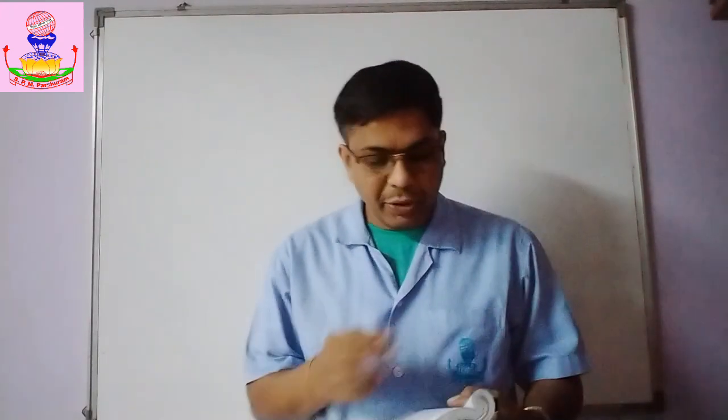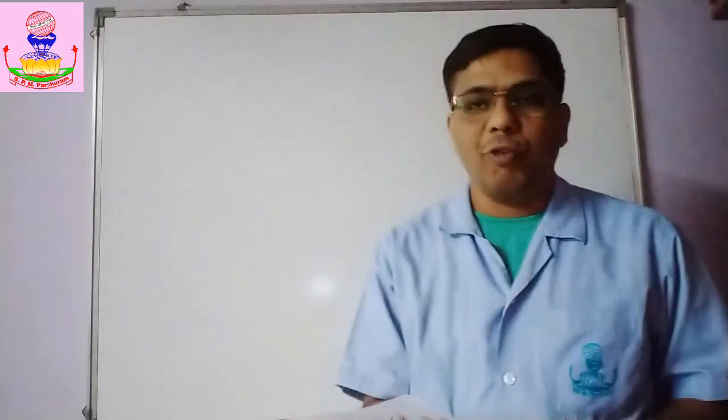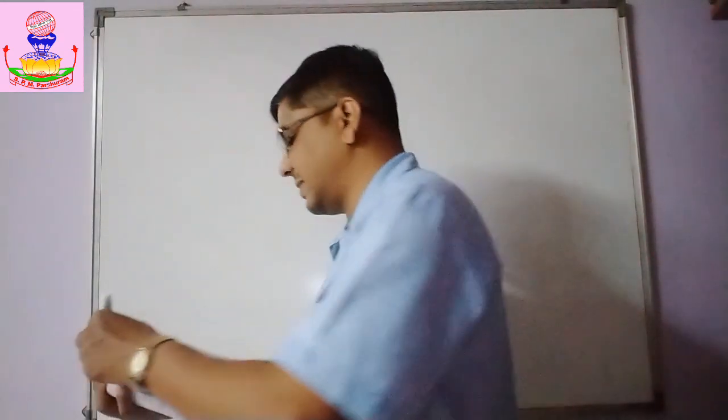Now see the sixth example. The lengths of two sides of a triangle are 12 centimeter and 15 centimeter. Between what measures should the length of the third side fall? Okay, so this is the sixth.